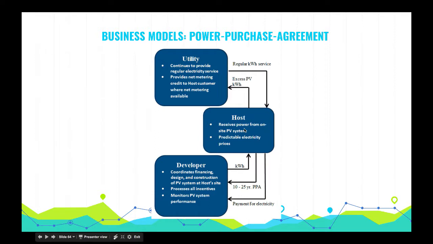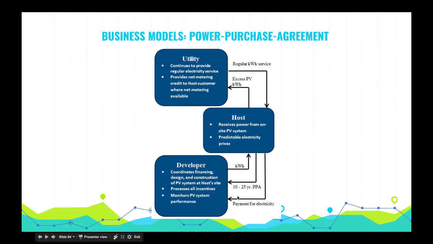The host receives the power from the PV site array. It goes into their electricity usage. As a host, I have to make sure that the cost I sign the power purchase agreement at is correct. I want to make sure it's not so high that I'm losing money compared to buying power from the grid, right?